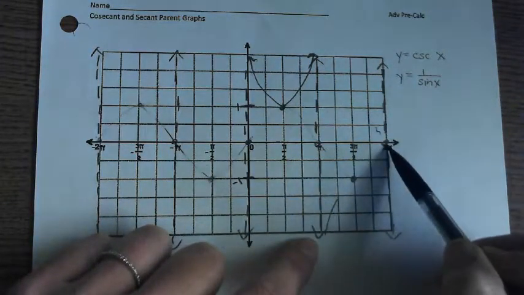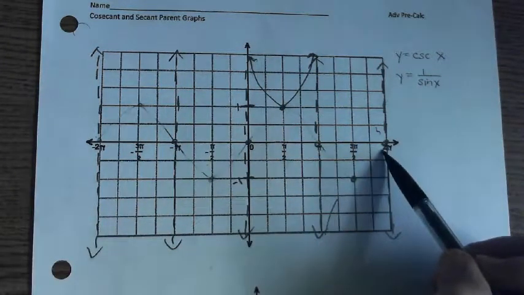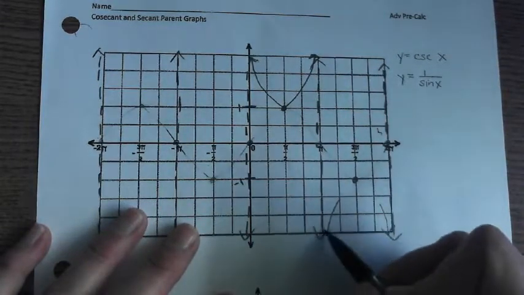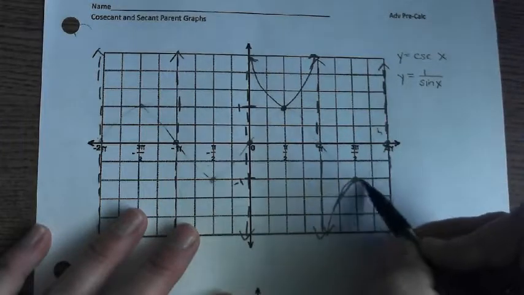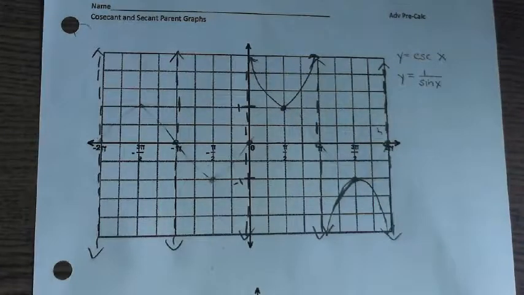And then again, slightly before 2 pi, the y value on our sine graph was negative 1/100th at some point. Now when you reciprocate that, it's negative 100, so you get that negative infinity behavior. And it's kind of tapping out at that negative 1 and then turning back around, so that parabola-like behavior.